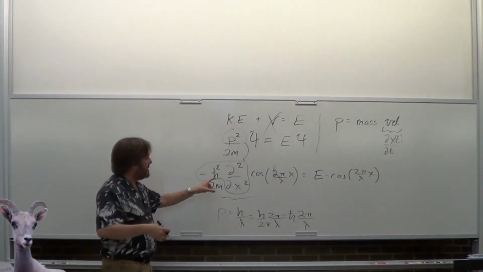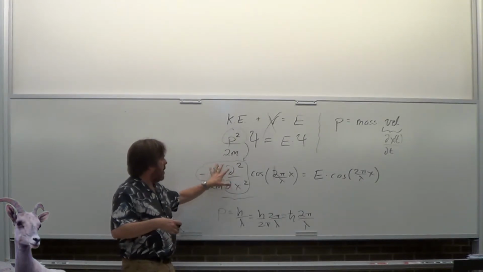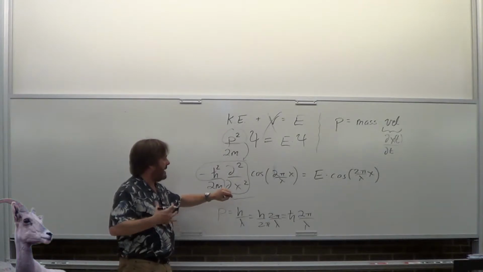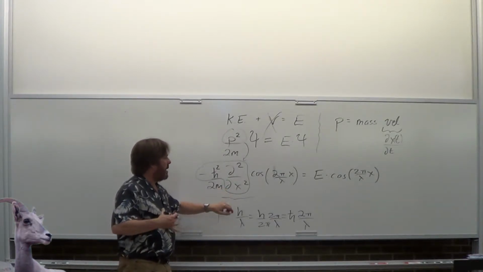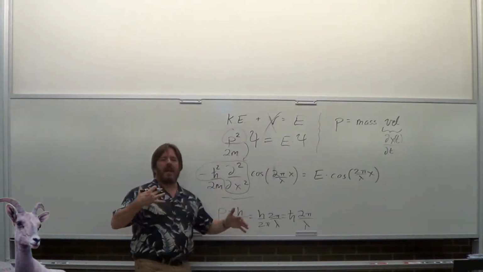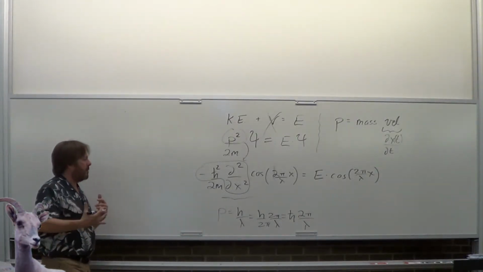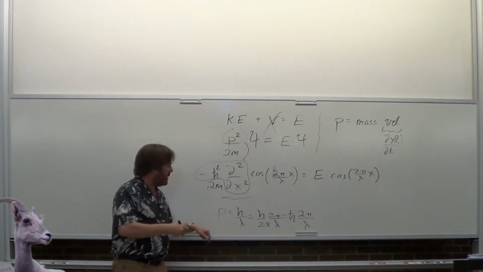The funkiness comes about. So why is minus h bar squared times the double derivative momentum squared? It's because it's actually returning the de Broglie relationship. It's actually returning h squared over lambda squared.